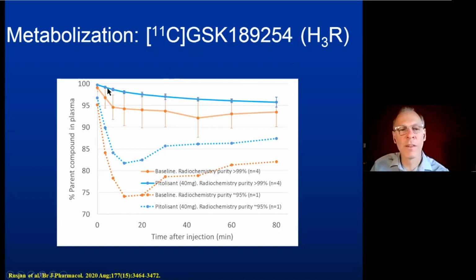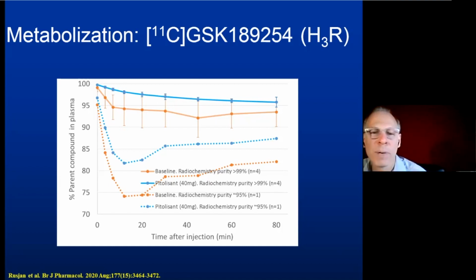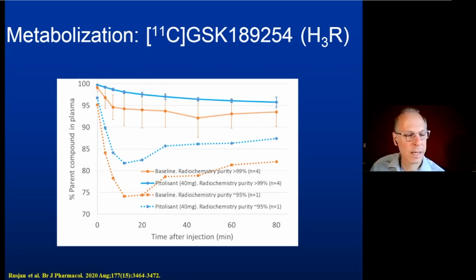I observed that for many subjects, before and after pitolisant, the fraction of parent compound in plasma has the typical Hill function behavior. But for one subject, in both the baseline and the post-drug condition, the pattern was different.